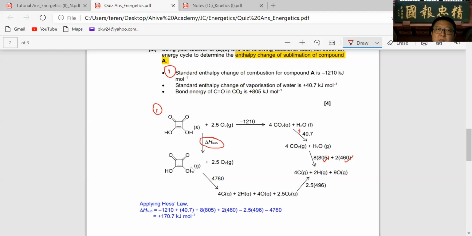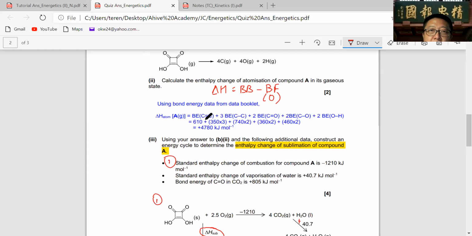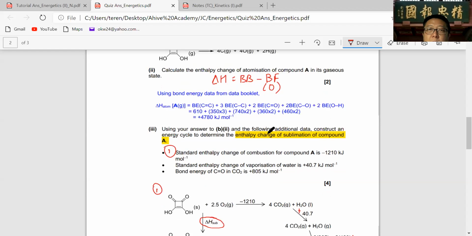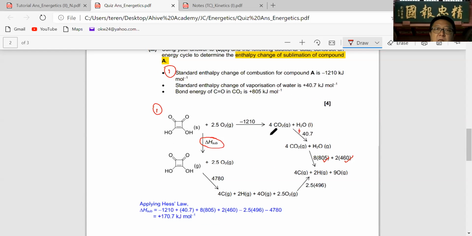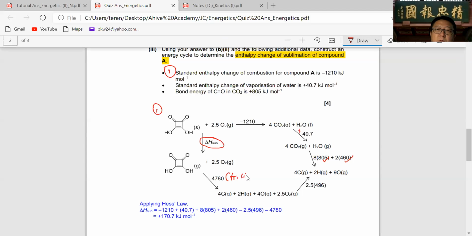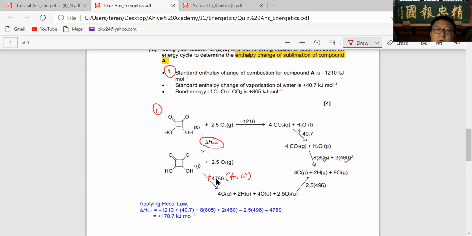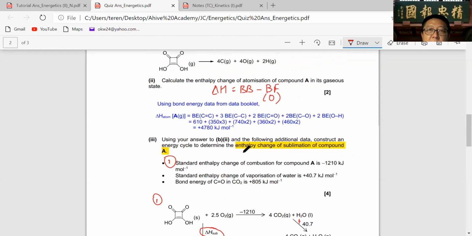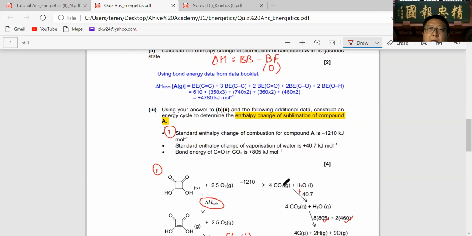Then your 4780 over here is from part 2, which is used in your energy cycle. Again, insert the sign, positive 4780, over here.